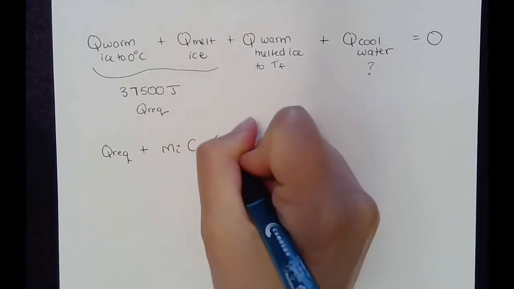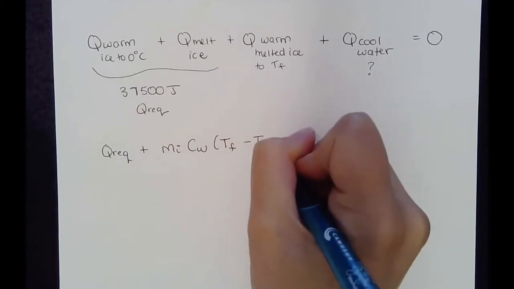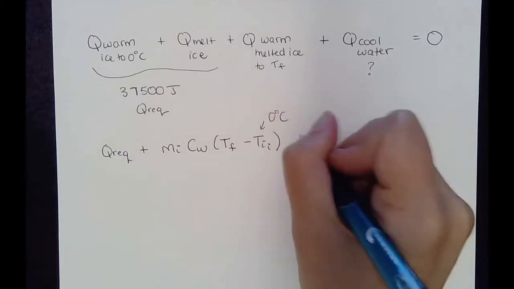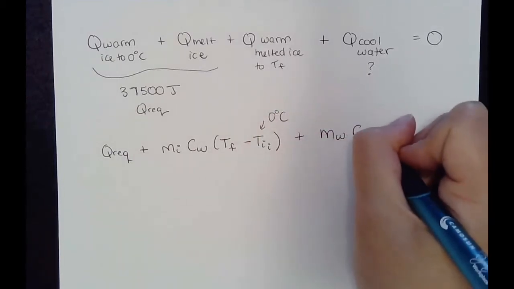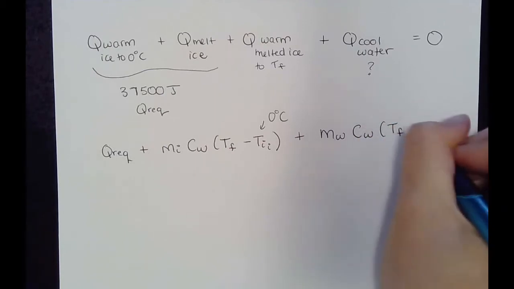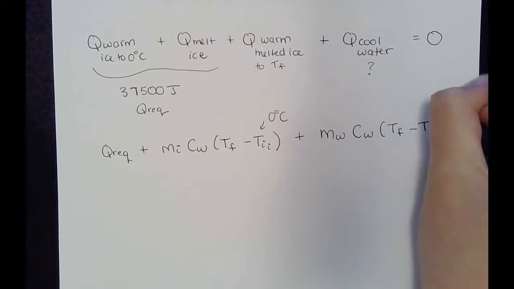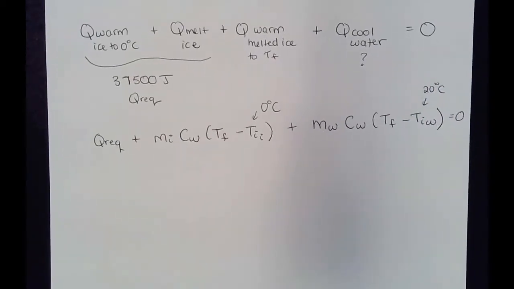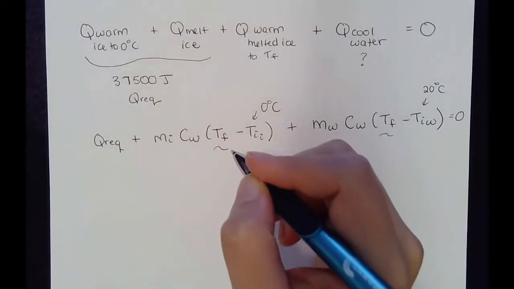And so this is going to be the final temperature minus the initial temperature for that ice water, which is 0 degrees, plus the mass of the water, and this is also seawater, final temperature minus the initial temperature of the water, which is 20 degrees, just so you can see the different temperatures there. Equals 0. Okay, and we want to solve for this final temperature.